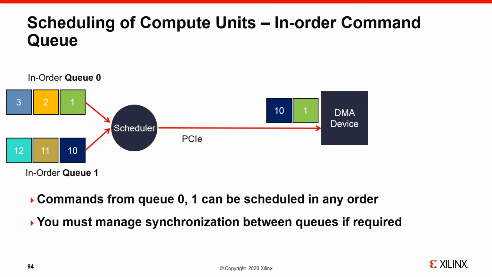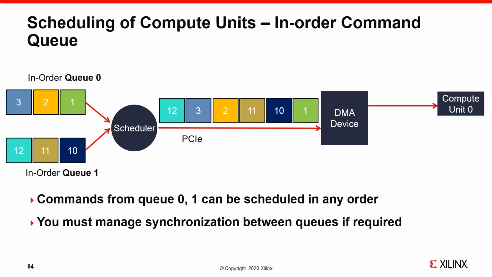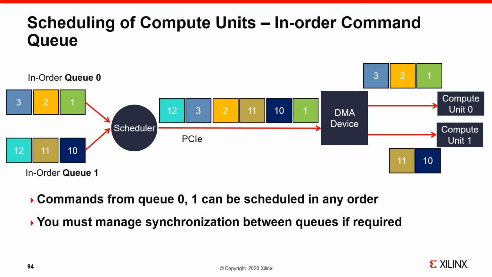The XRT scheduler, the Xilinx runtime, can pull the commands from Q0 and Q1 in any order. In this diagram, you can see the command 1 from Q0 is first, followed by 10 and 11 from Q1, then back to the first queue for commands 2 and 3, and then finally command 12 from the second queue.